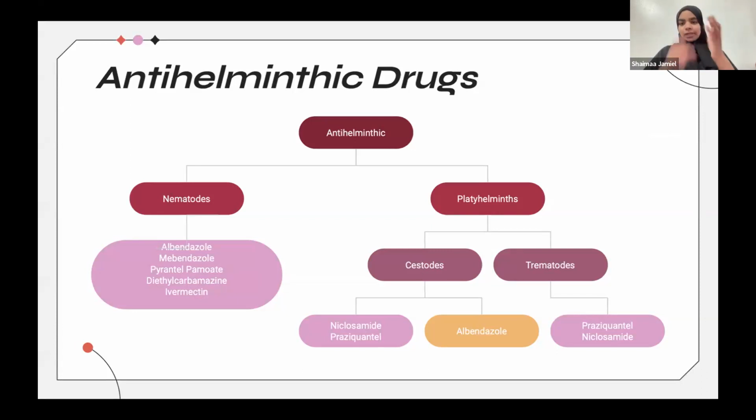Cestodes are the tapeworms, segmented, ces for segmented. So it has niclosamide as the first drug of choice, and then praziquantel. Sometimes we use albendazole depending on the situation, which we're going to see. And for trematodes, we have praziquantel as the first, and then niclosamide, okay?